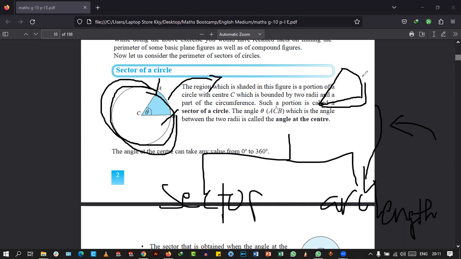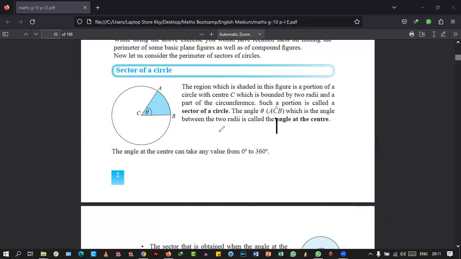So this entire thing is called a sector. It's very simple. The difference between the sector and arc length is very simple. Arc length is theta divided by 360. Why? Because it depends on theta, the angle of this cut, how much you are cutting.